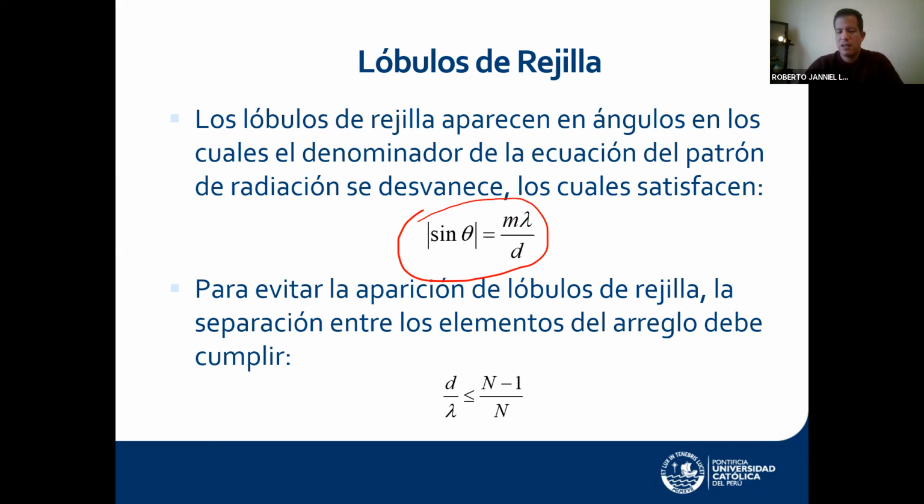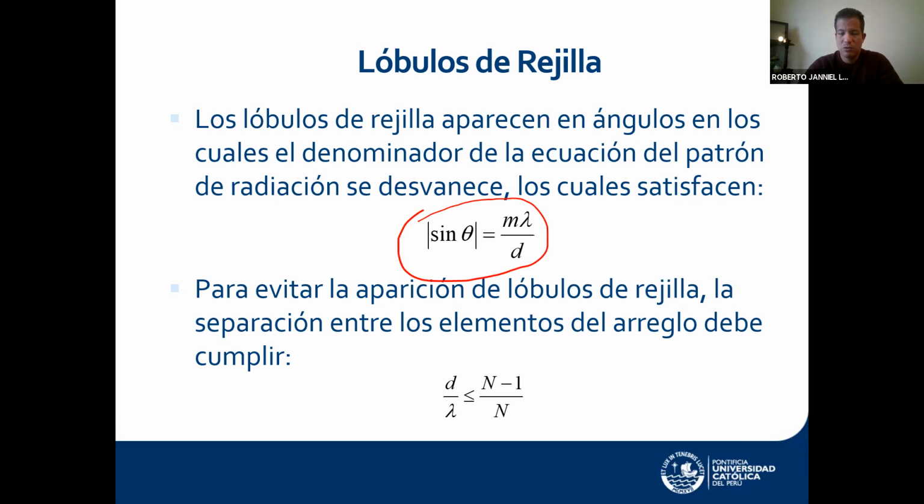So there you can see that in the event that d is smaller than a wavelength, in general, if d is smaller or equal to the wavelength, then lambda divided by d is going to be a number equal to or larger than 1, because m is an integer.